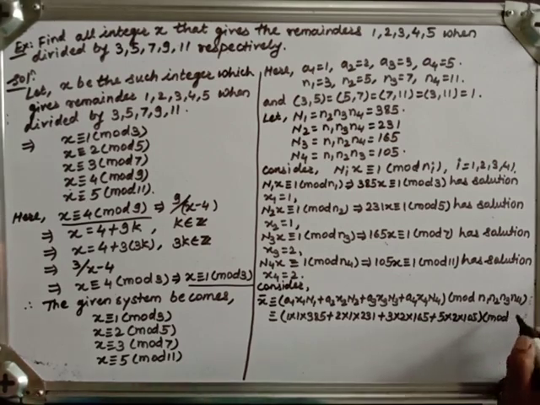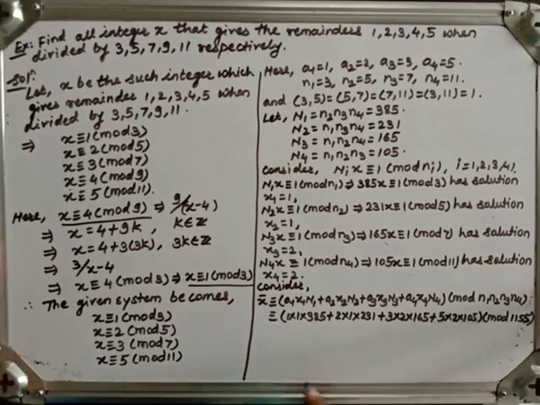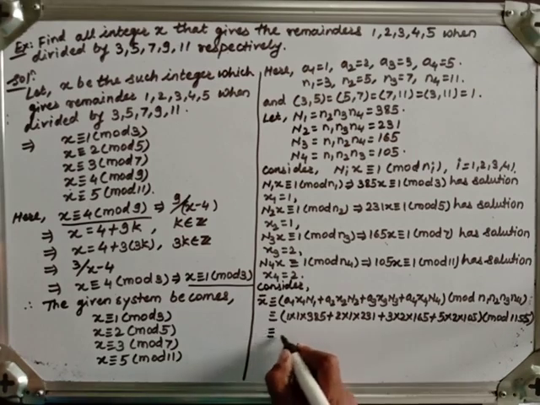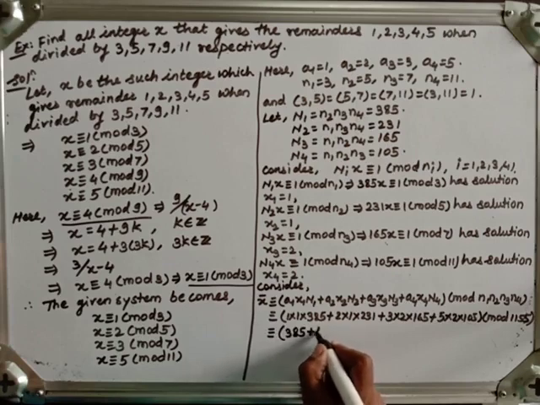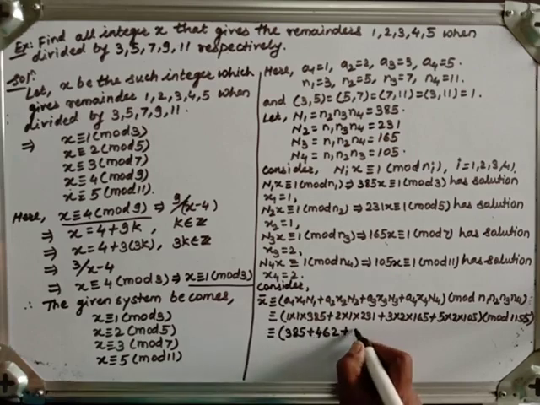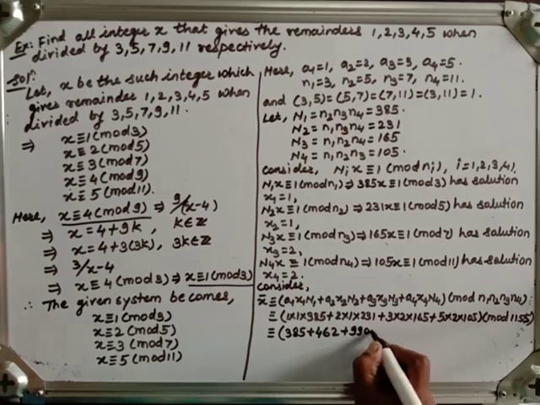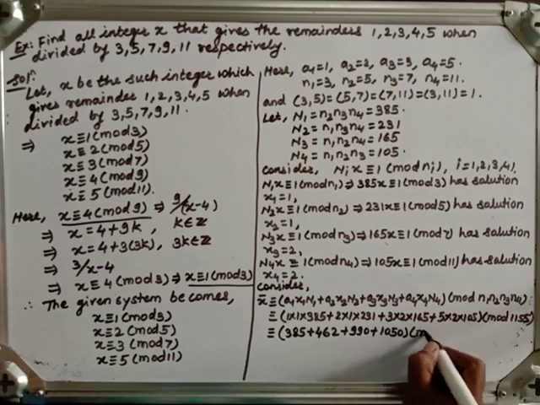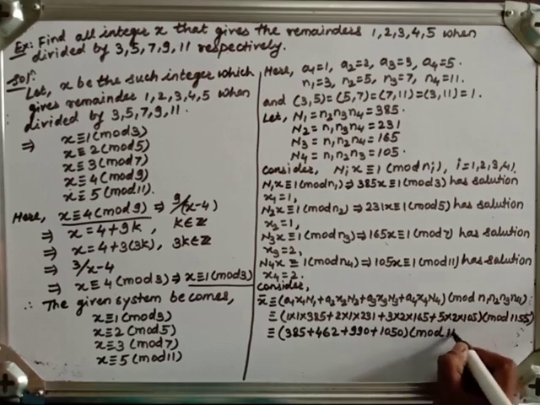The product will be 1155. Okay. So this is congruent to 385 plus 462 plus 990 plus 1050 modulo 1155.